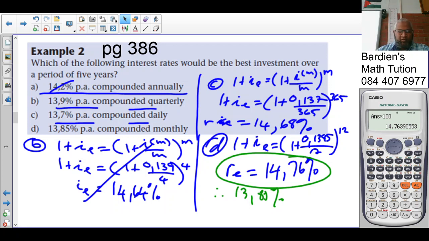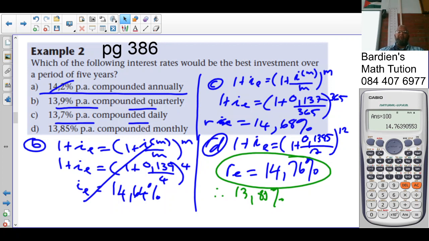So for homework, I want you guys to do exercise 11.8, and this is on page 388. You do number 1. Number 3.